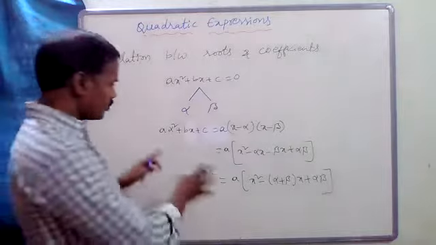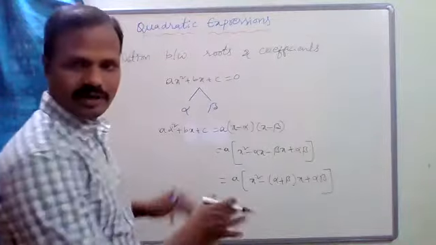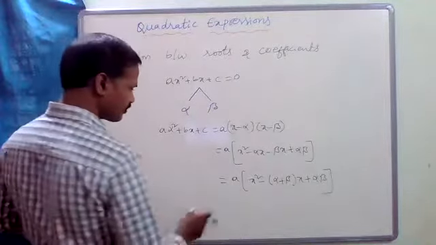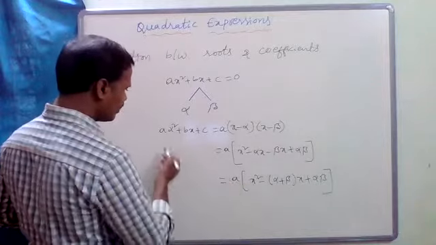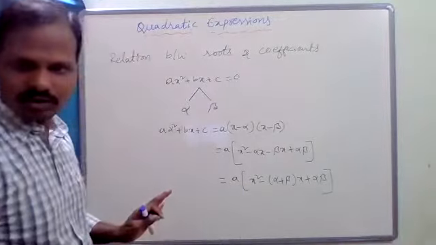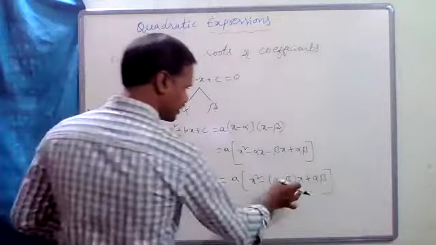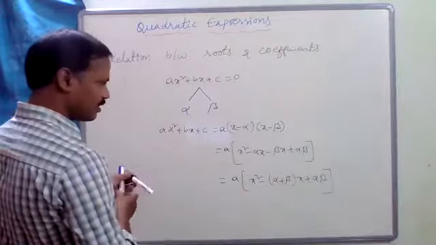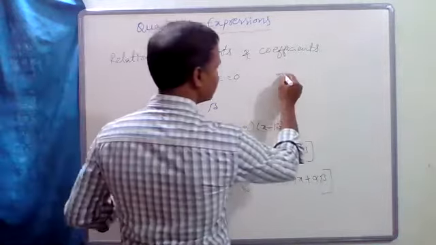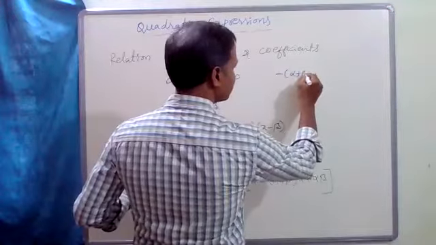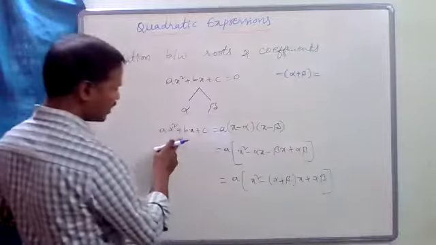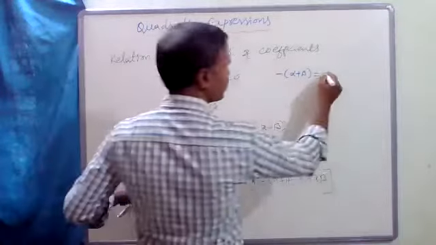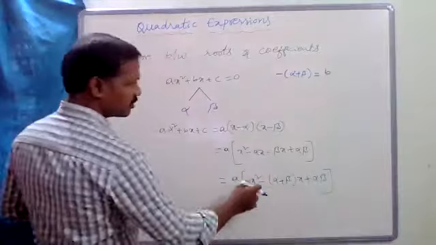Now compare both sides. The coefficient of x square is there on both sides, no problem. Now coefficient of x. What is the coefficient of x here? Minus a into alpha plus beta. Here what is the coefficient of x? b.